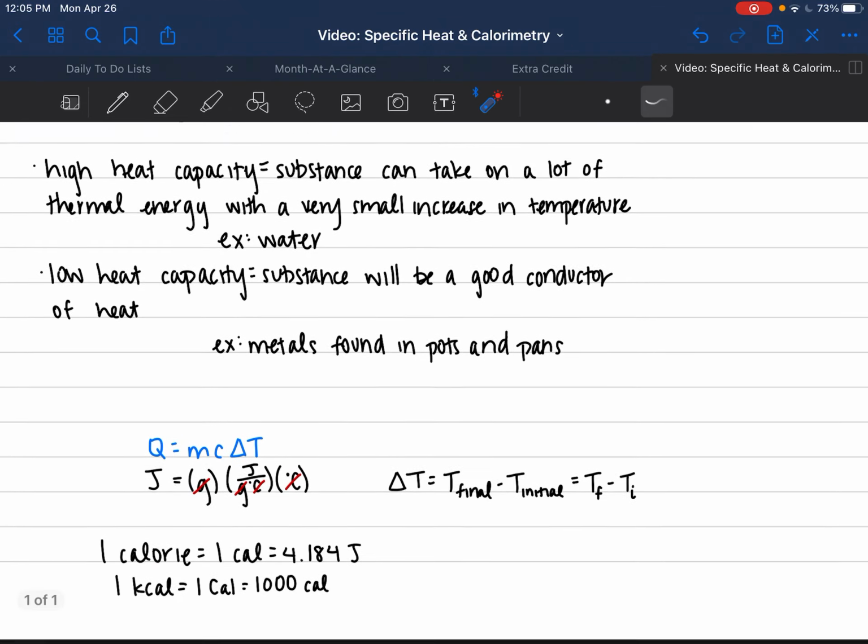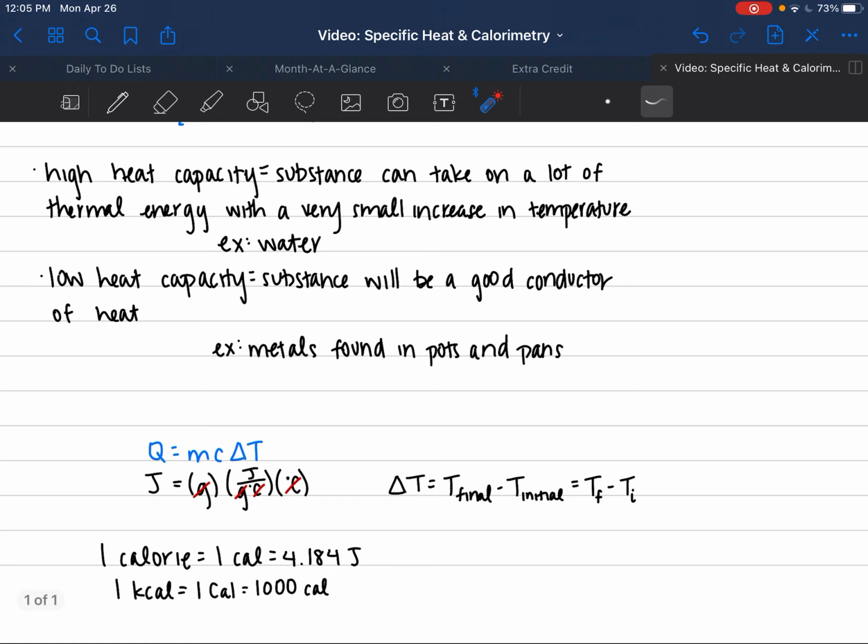So let's look at a couple more things. If we want to measure that amount of heat that you have to add, we have a couple of things that we can talk about. So this equation that's found on your reference sheet, this Q is equal to M times C times delta T. So what does that mean? So Q is measured in joules.